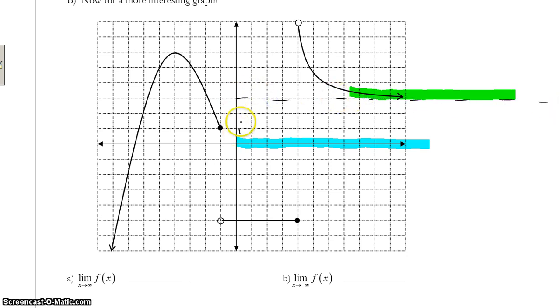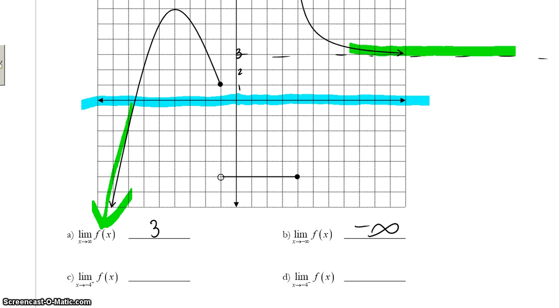So let's say that's 1, 2, 3. It's at 3. So the limit as x approaches infinity, f of x approaches 3. Now the next one says the limit as x approaches negative infinity, f of x approaches negative infinity, as it's going to keep going down.